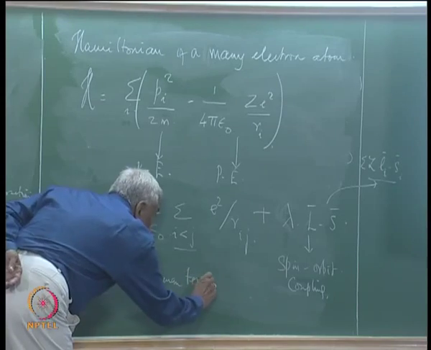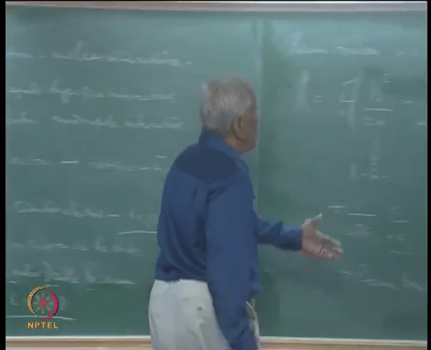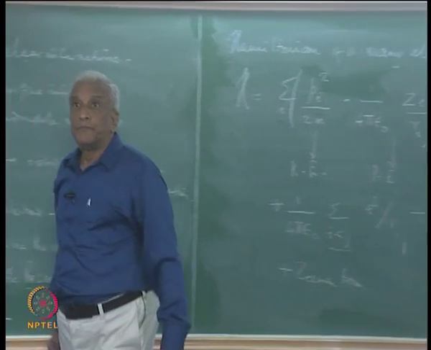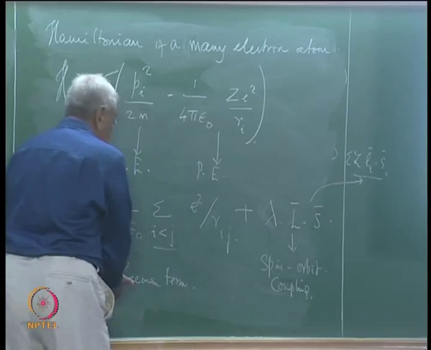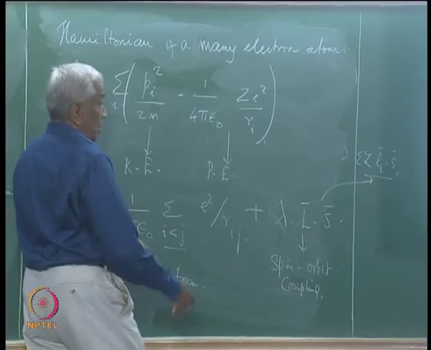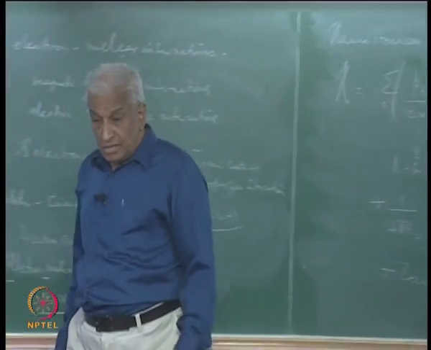Depending on how strong or weak the magnetic field is relative to the other interactions here, this will give you the different terms which are involved in the Hamiltonian in descending order of energy. Sometimes the spin orbit coupling will be weak in comparison to the Zeeman coupling. In other cases, the spin orbit coupling will be strong in comparison to the Zeeman term.